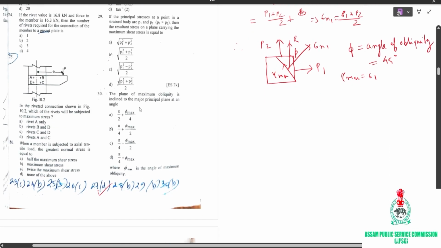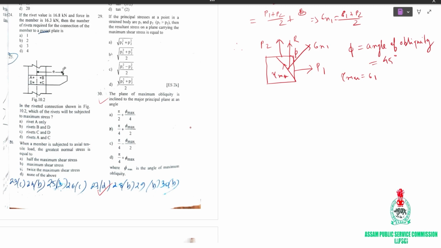Now the next question is, the plane of maximum obliquity is inclined to the major principal plane at an angle. Now see here, suppose this is P1 and this is P2.